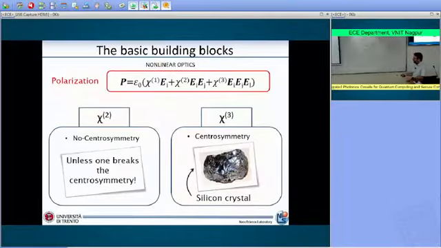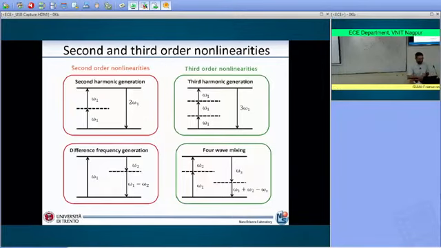So we are using a silicon waveguide that shows Chi3 effects, but since silicon is centrosymmetric, we cannot use the Chi2 effect unless we break the centrosymmetry. We have done a few works in that direction, but it's not time to talk about that. And so here we have second or third order nonlinearities.